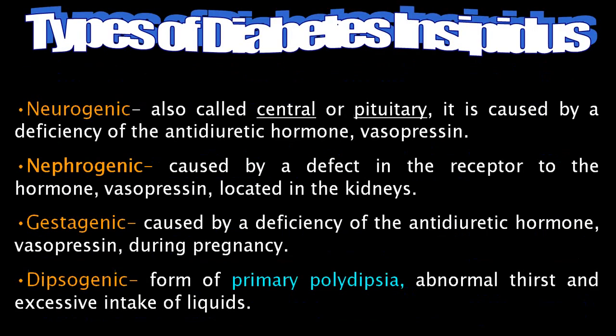There are two other varieties which are also labeled. Gestagenic is caused by deficiency of ADH hormone during pregnancy. Dipsogenic is because of a psychological disorder called primary polydipsia, that is abnormal thirst and excessive intake of liquid, which produces dipsogenic diabetes insipidus.